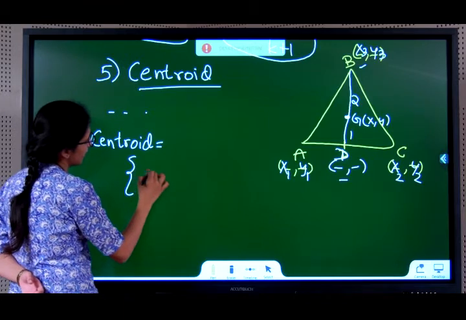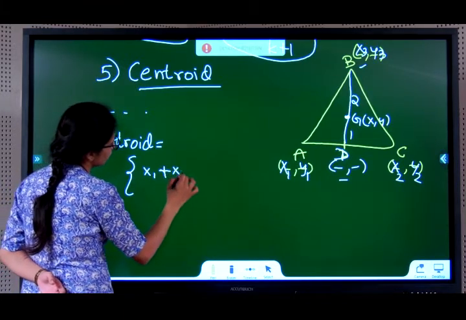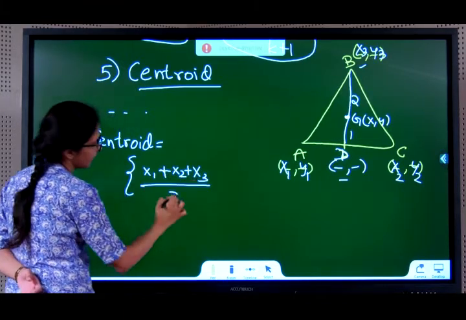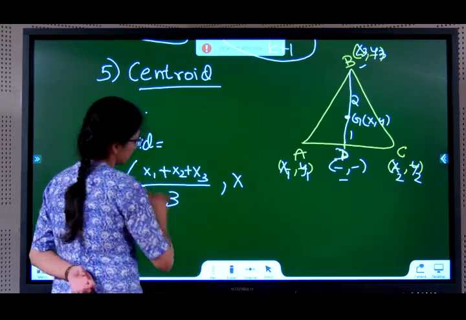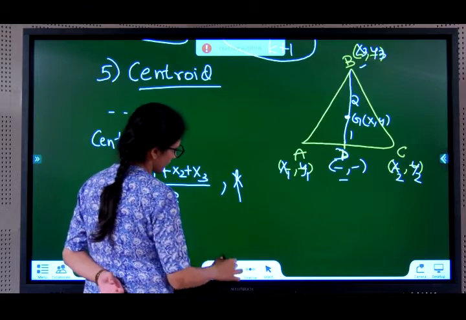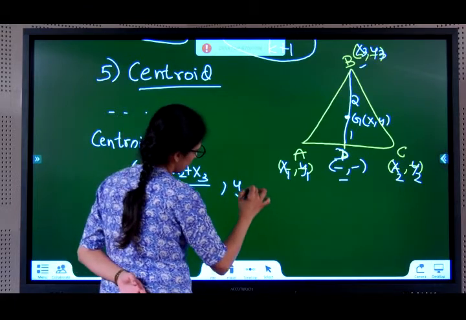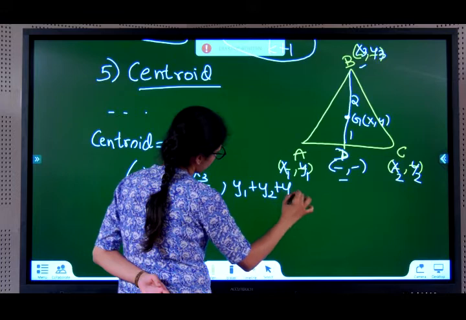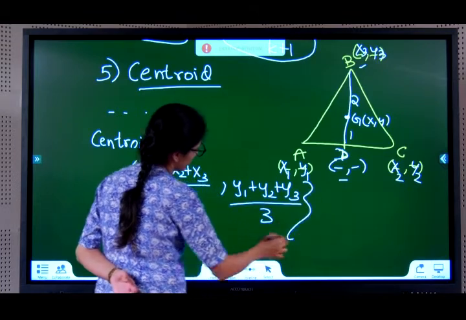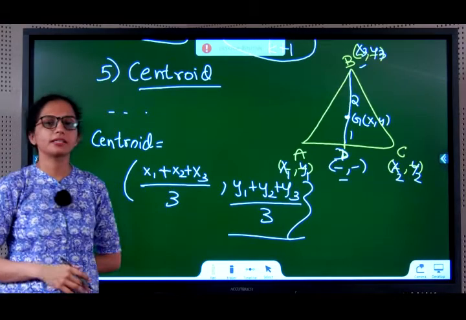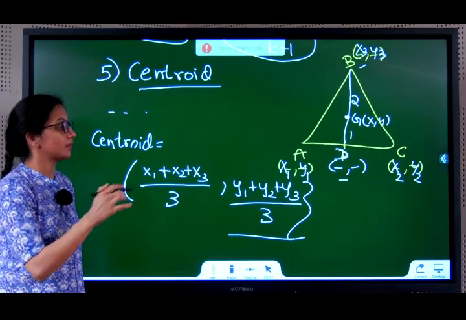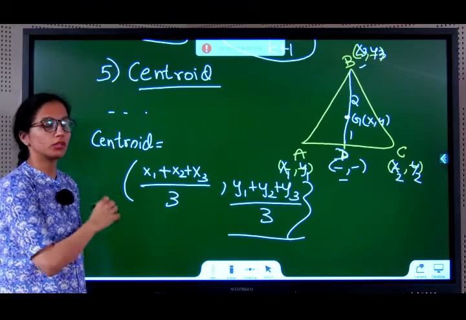The centroid formula is x1 plus x2 plus x3 by 3 for the x coordinate, and y1 plus y2 plus y3 by 3 for the y coordinate. So, directly put the 3 coordinates divided by 3. Instead of finding the median, midpoint, then doing 2:1, you can use this.